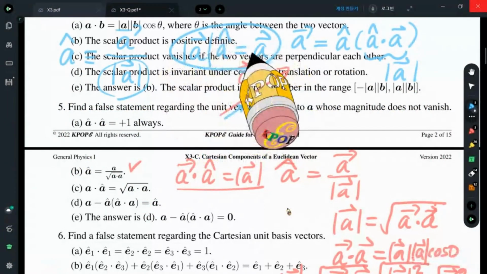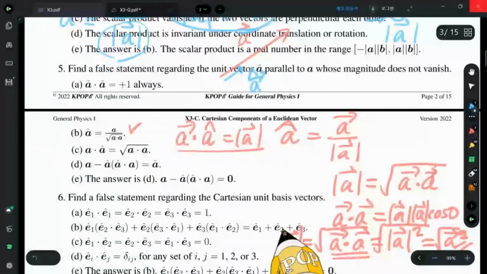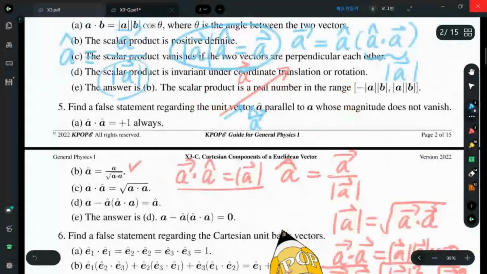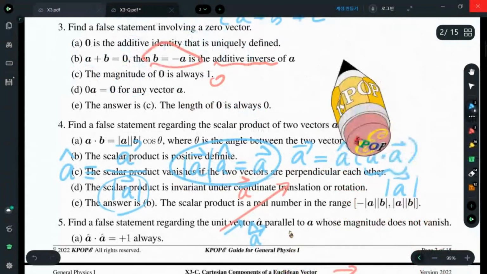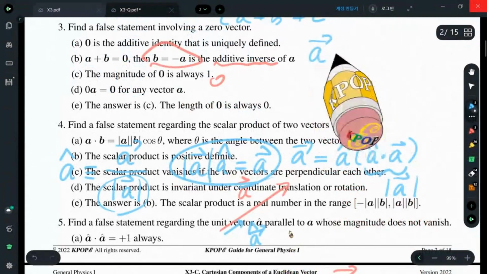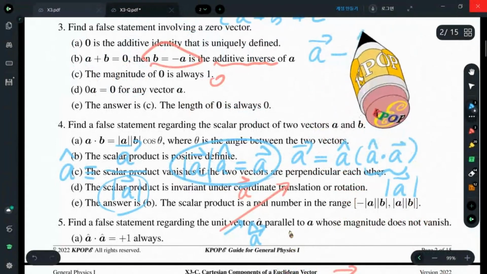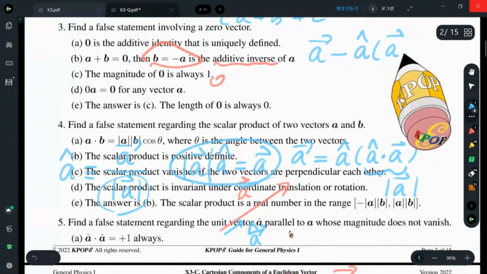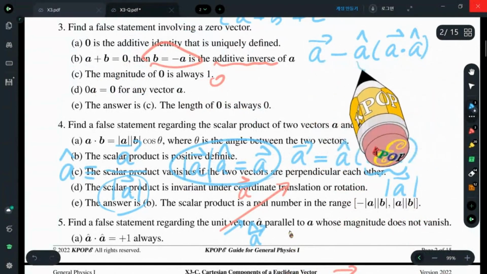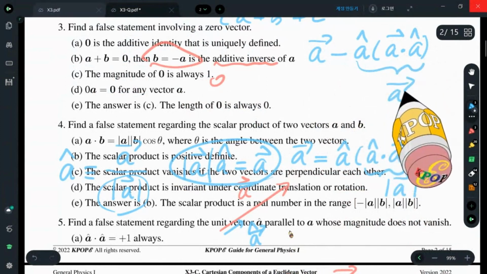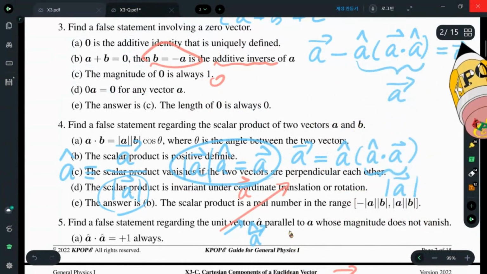It's very simple. So using that, what we can do is A minus A hat dot A, times A hat. What is that? Because it is identical to A, it is a zero vector.